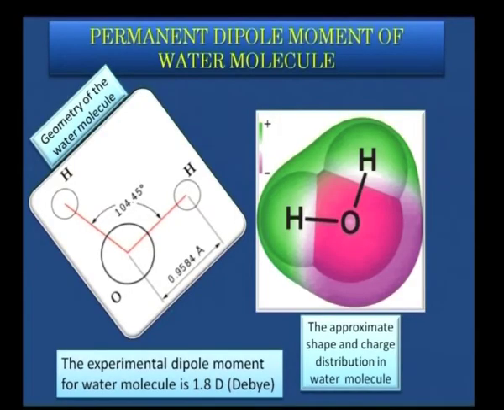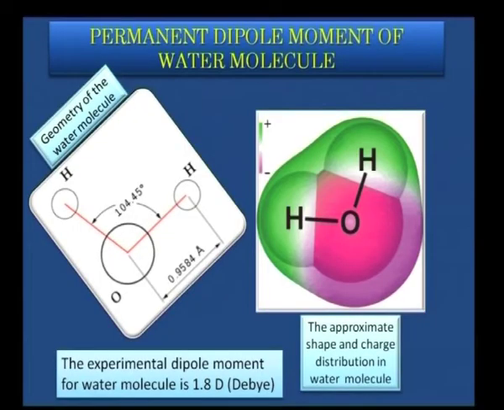So, in short, a water molecule is a polar molecule. It has a permanent dipole moment, and the permanent dipole moment occurs because the electronic charge density distribution is asymmetrical. So, a water molecule is a polar molecule.